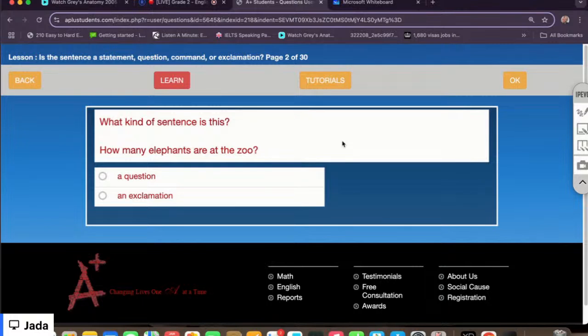So, how many elephants are at the zoo? Next one. How many elephants are at the zoo? Is it a question or an exclamation? Let me know. How many elephants are at the zoo? So, what are your answers?